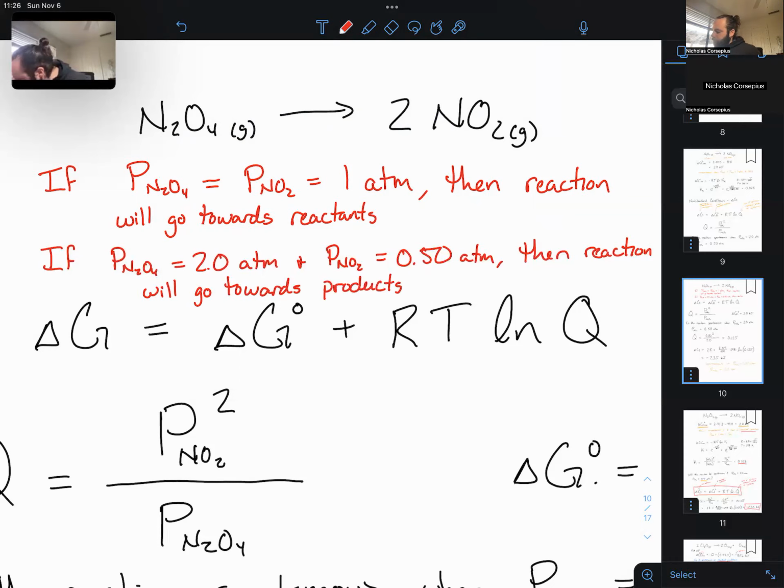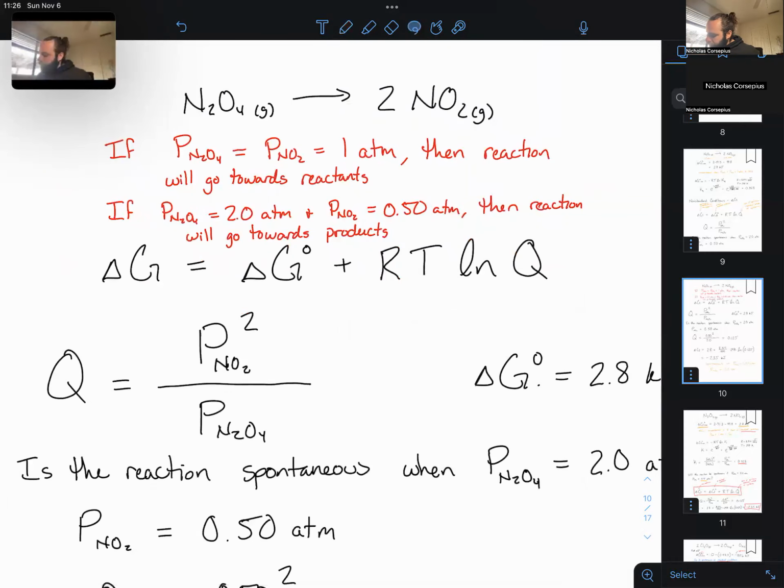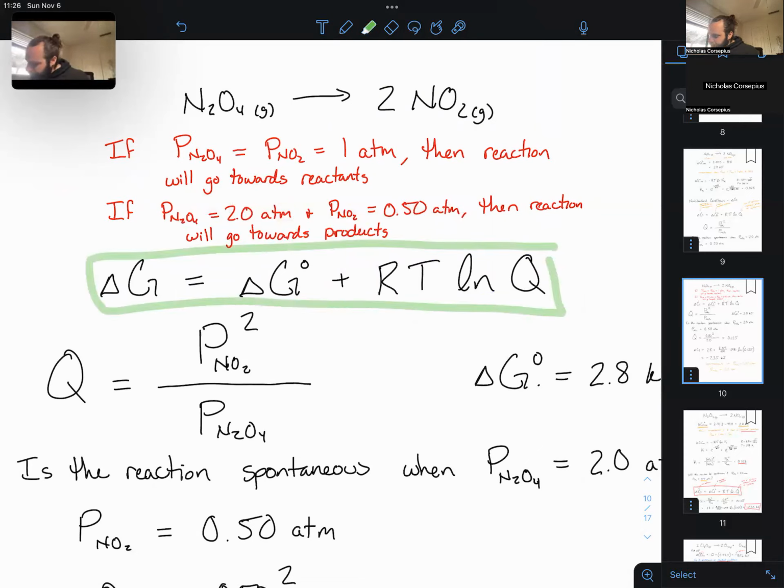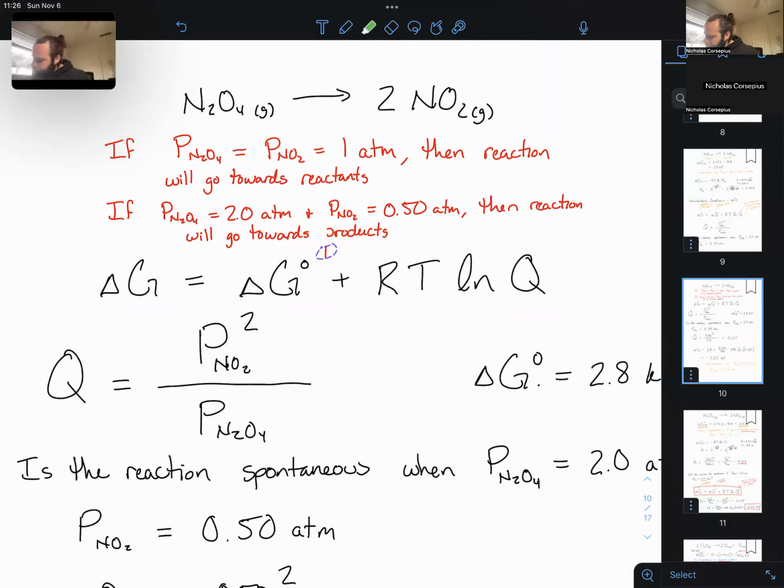And in order to show that, we had to use this equation here, delta G of our reaction at non-standard conditions. All right, cool.